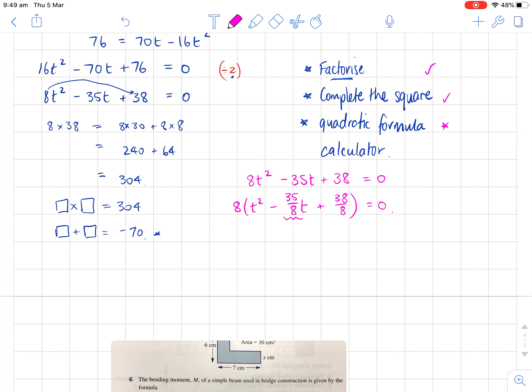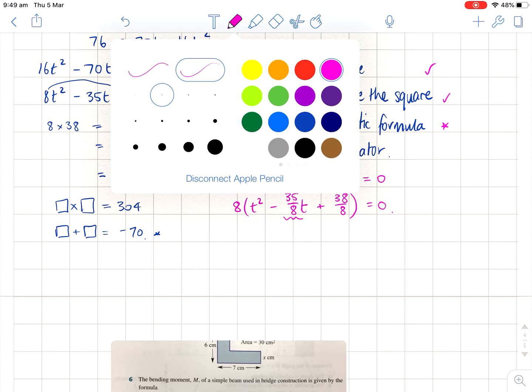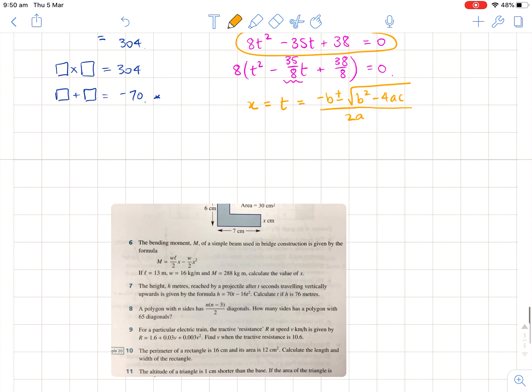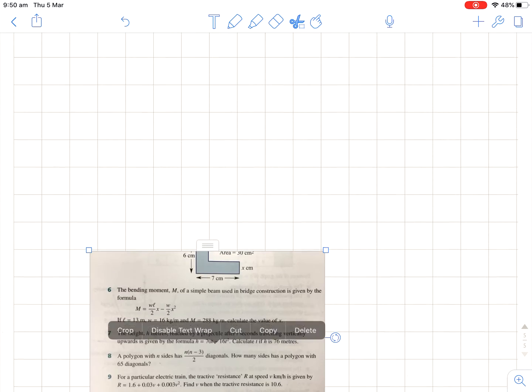So quadratic formula, working with this equation, we want the x values, or in this case, the t values, are equal to minus b plus or minus the square root of b squared minus 4ac, all divided by 2a. Forgive me, I've got stuff here that's in the way. I'll just move that.